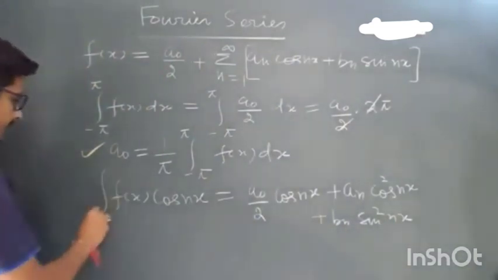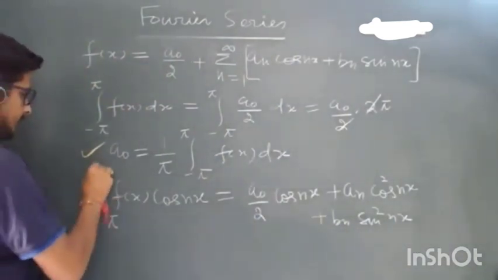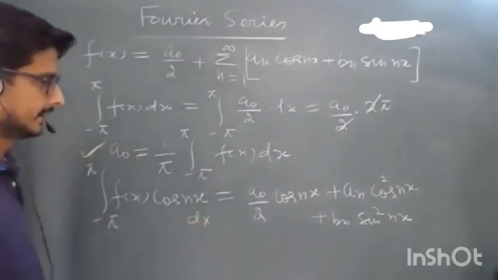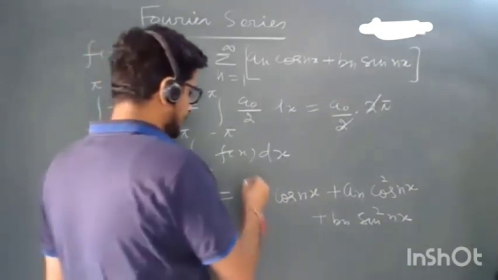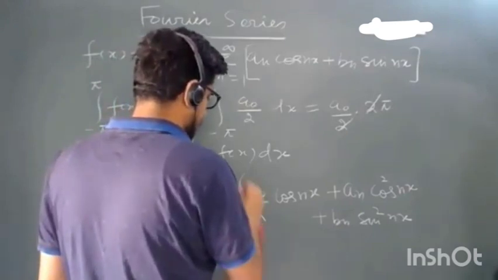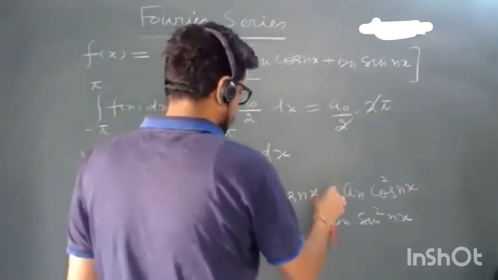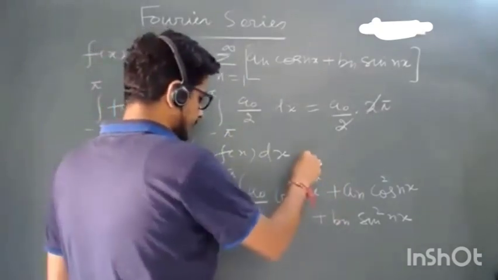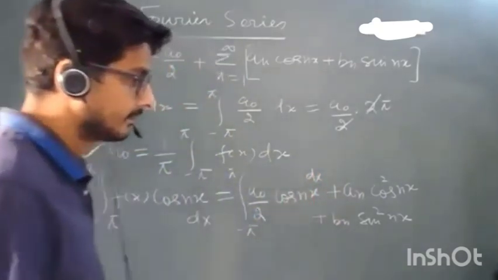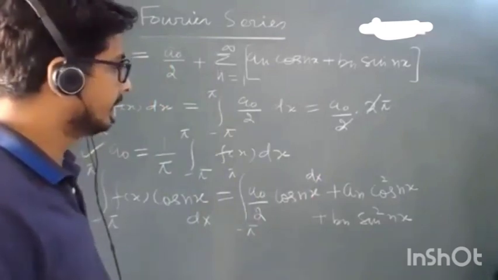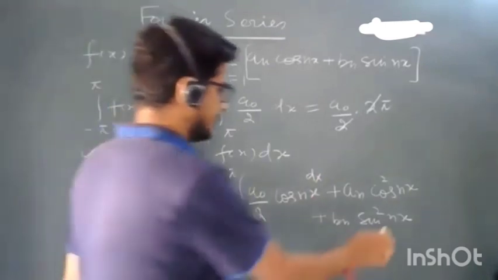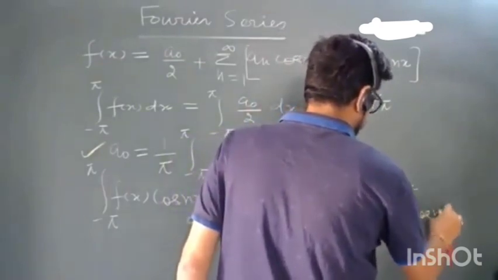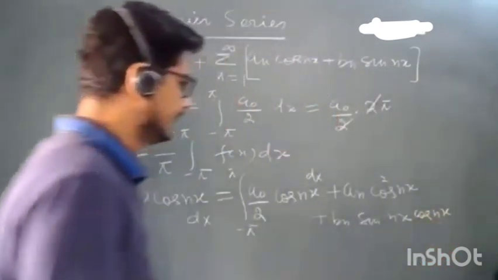So if you integrate it from minus pi to pi dx, by integration from minus pi to pi dx, this term will be sin nx cos nx, cos nx will be there.